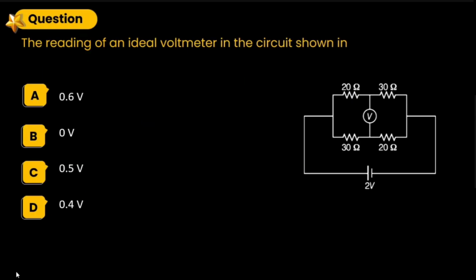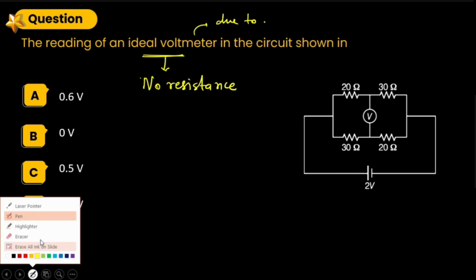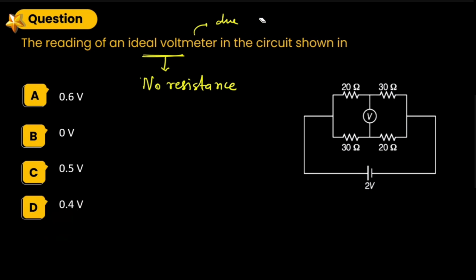So what is the reading of the ideal voltmeter? It says, ideal voltmeter means no resistance. Like a voltmeter is again a component which is used in the circuit, but sometimes it does possess some resistance. So if there is a resistance, we have to consider that resistance also in order to find out the correct value of whatever we are finding.